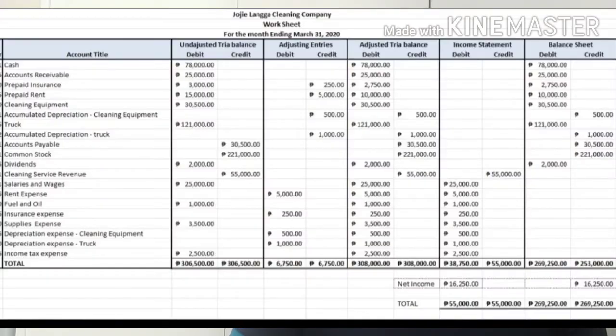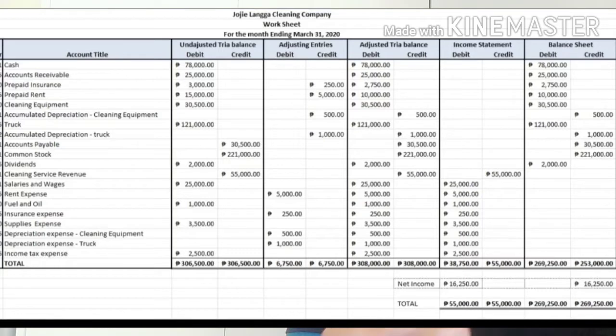I will show you the worksheet. This worksheet will show you the movement of the figures from the unadjusted trial balance. We will consider the adjusting entries, and then it becomes the adjusted trial balance.